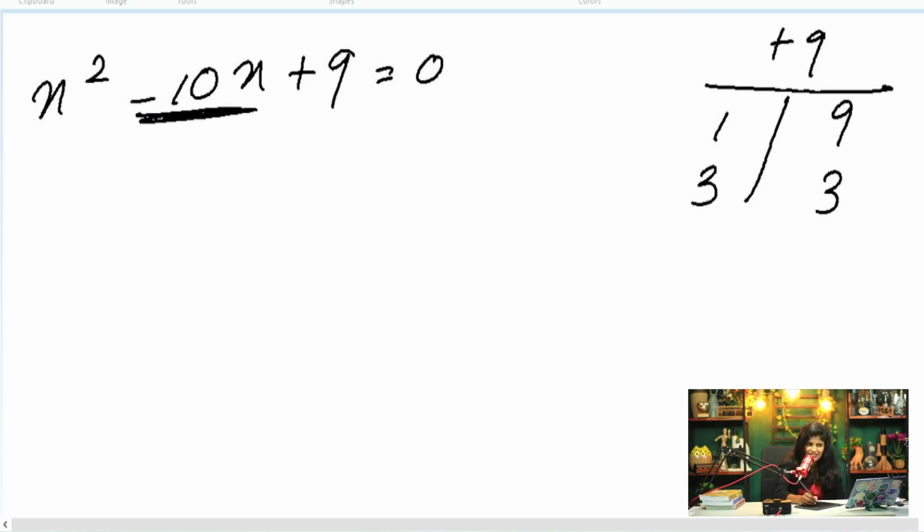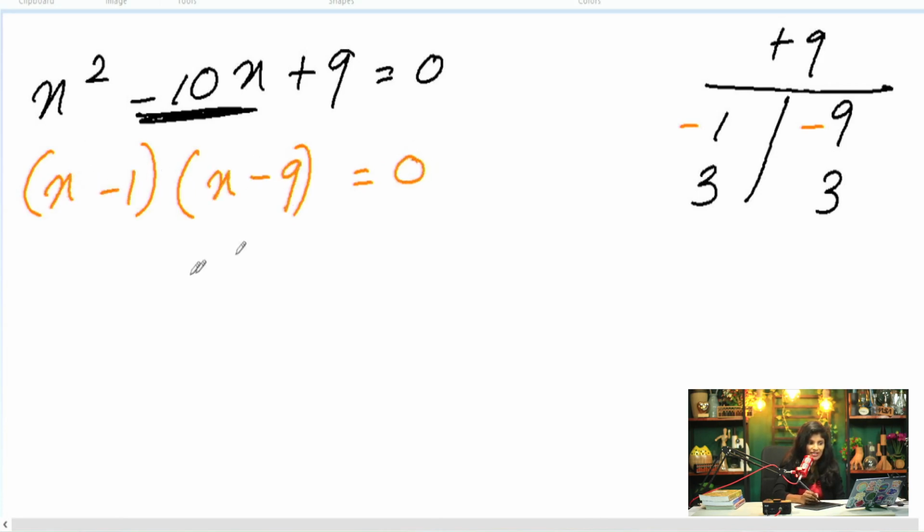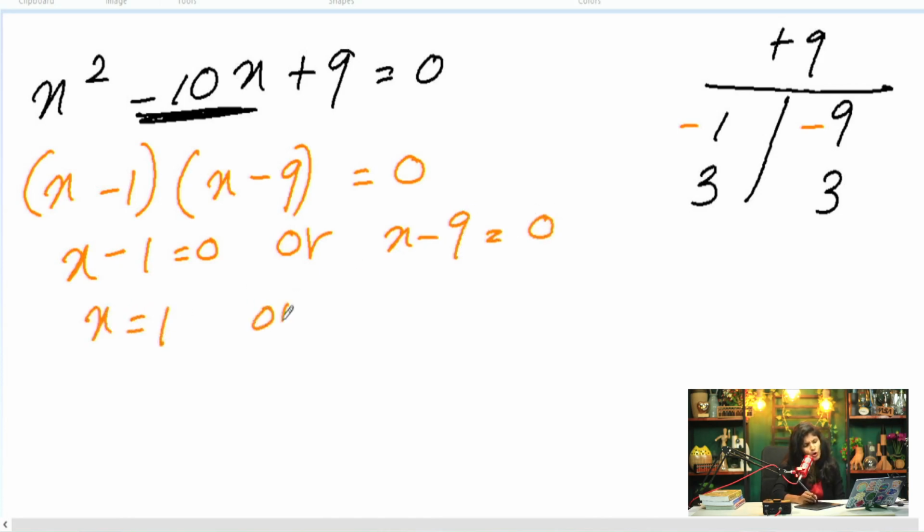Then the answers are negative 1 and negative 9. So, x minus 1, x minus 9, which is x minus 1 equals 0 or x minus 9 equals 0. So, x equals 1 or x equals 9. That's it.